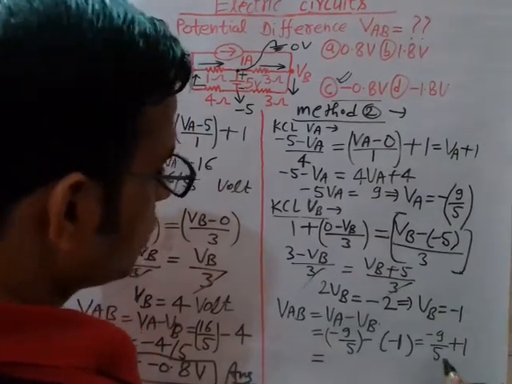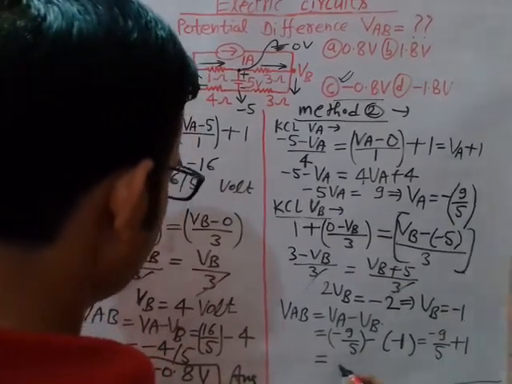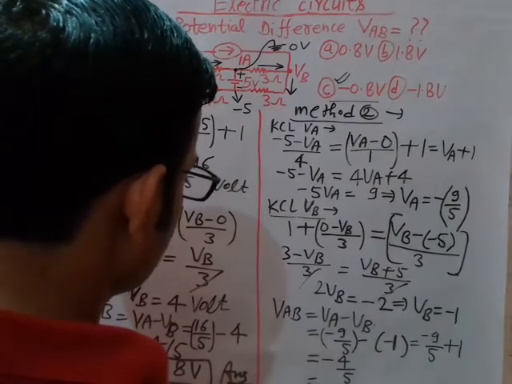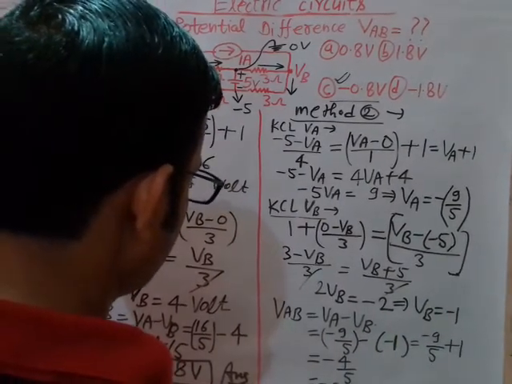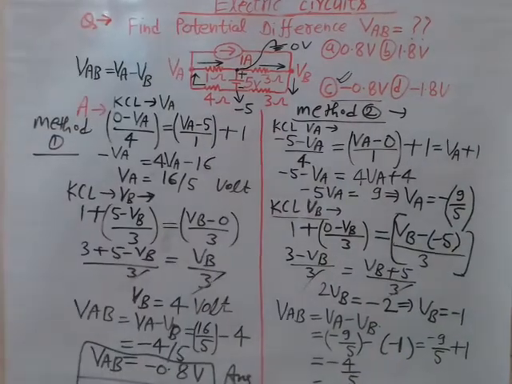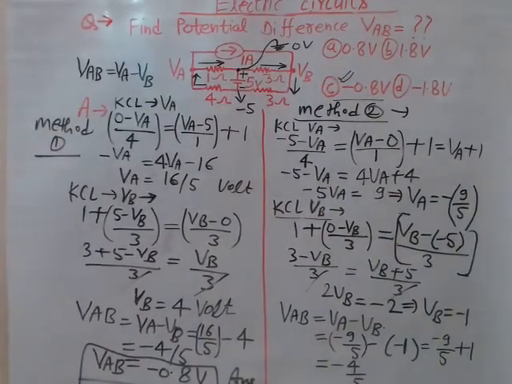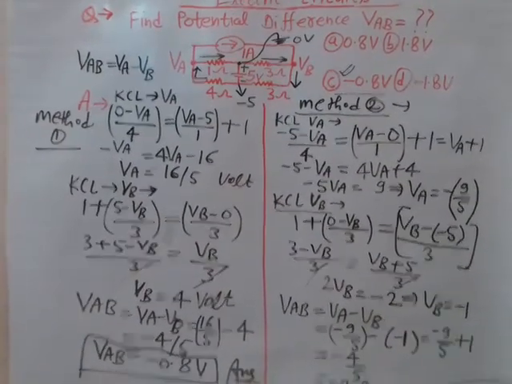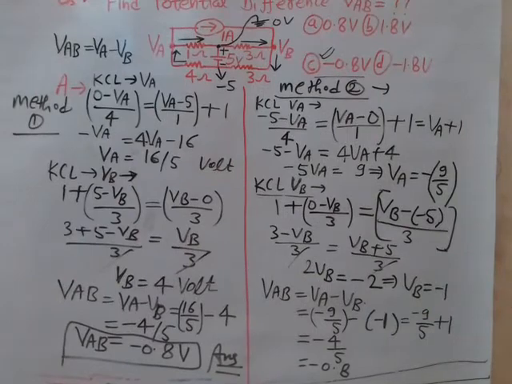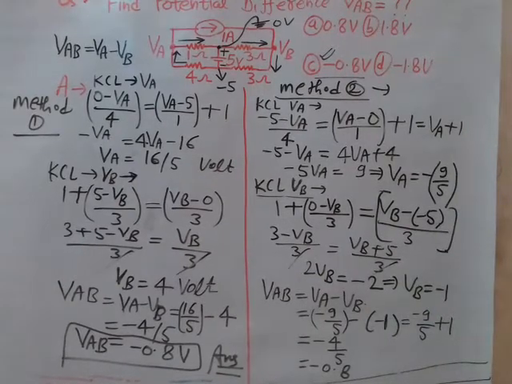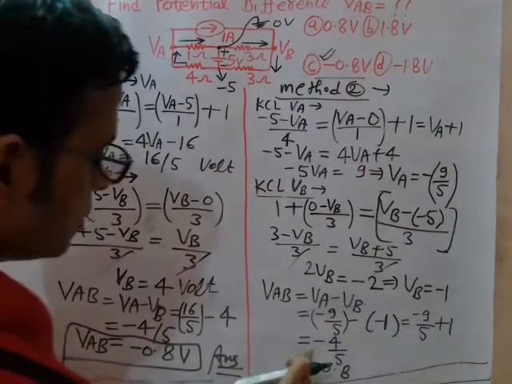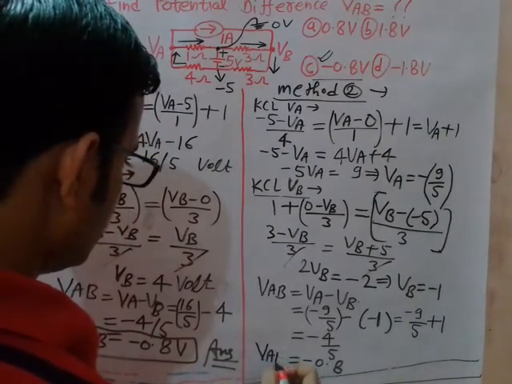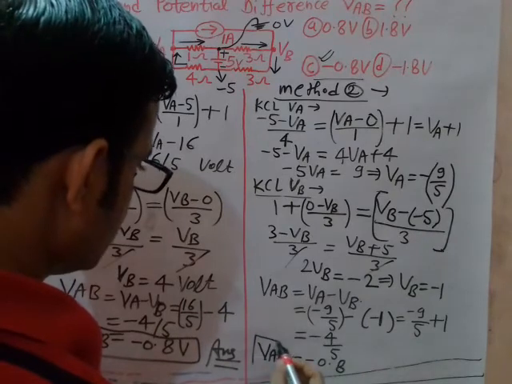This is equal to (minus 9 plus 5) by 5, that means minus 4 by 5, or you can write minus 0.8. So have you solved this, right?